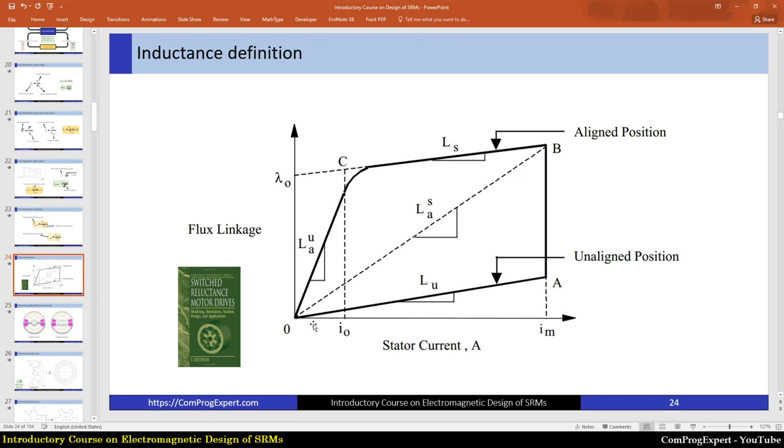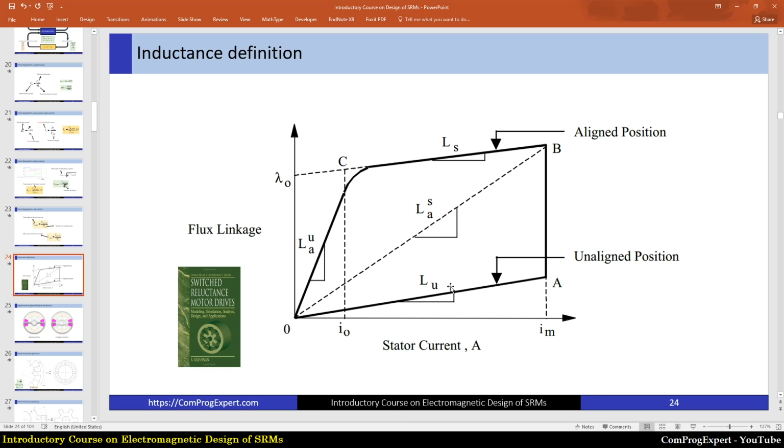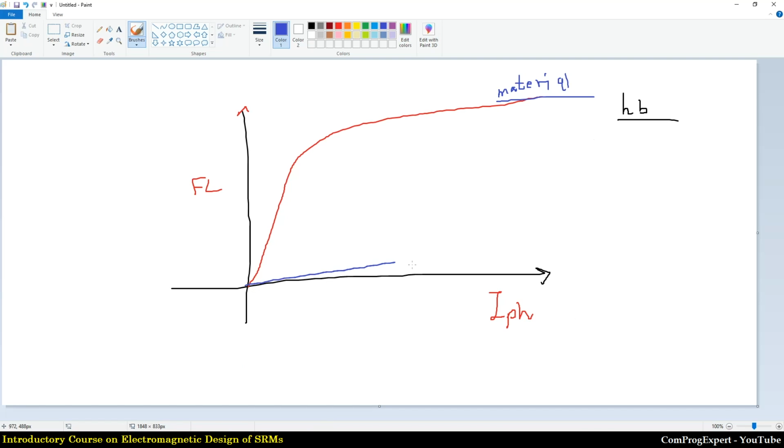And here you can see the value of unaligned inductance is low. We have a straight line. This is a good case, as long as we can reduce the value of unaligned inductance, we can improve the motor performance. So this is the unaligned flux linkage curve and unaligned inductance.